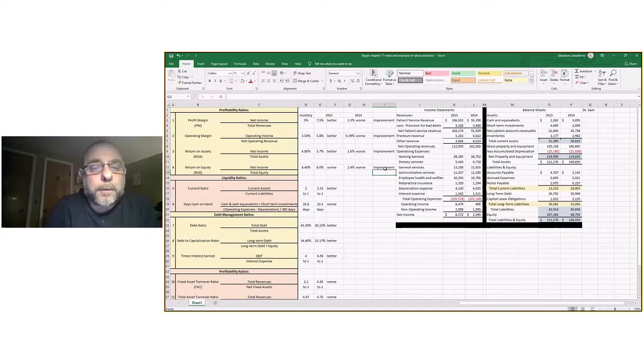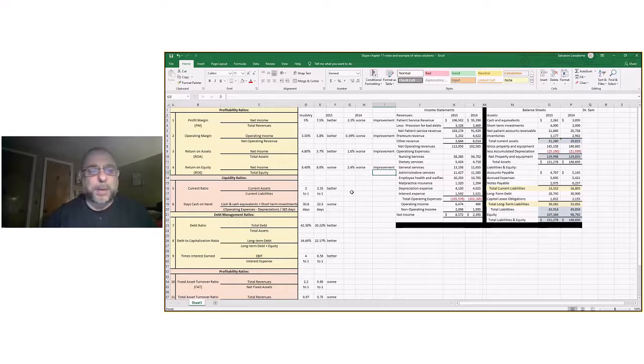However, the improvement was good, but this is the first time that 2015 wasn't better than the industry. So yes, we improved, but we needed to do better in this regard. Okay? And if you read your book, it'll explain what each of these ratios are actually indicating, but we're just keeping it simple for us, right?